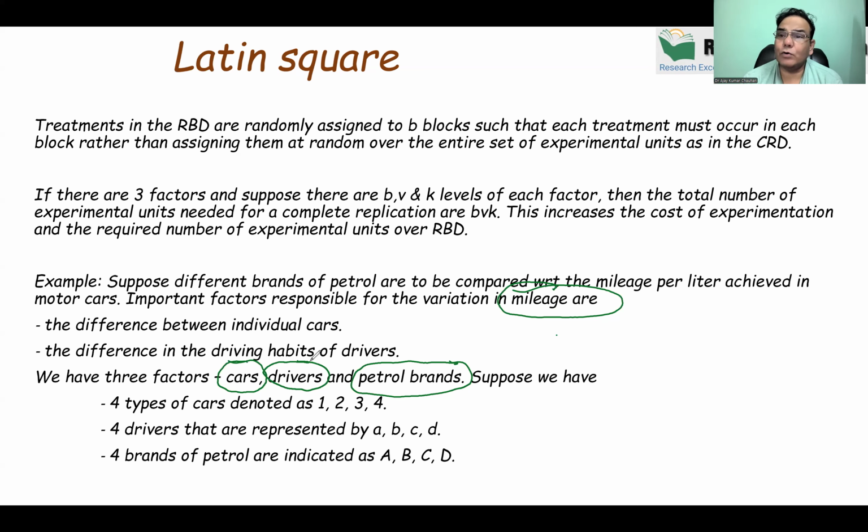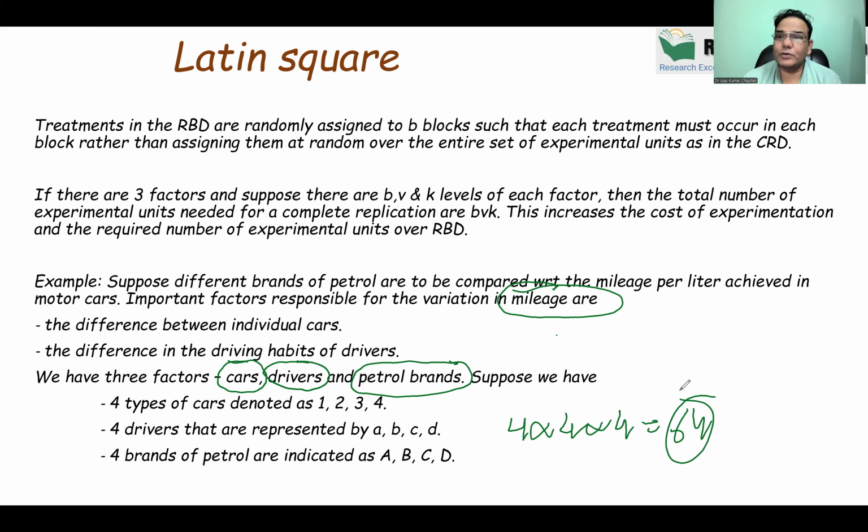If the outcome depends upon only two factors, then you can go to randomized block design. But when there are three important factors that have an impact on the dependent variable, then you have to go for Latin square design. Now, if we go for permutation and combination, it is 4 multiplied by 4 multiplied by 4, equal to 64.